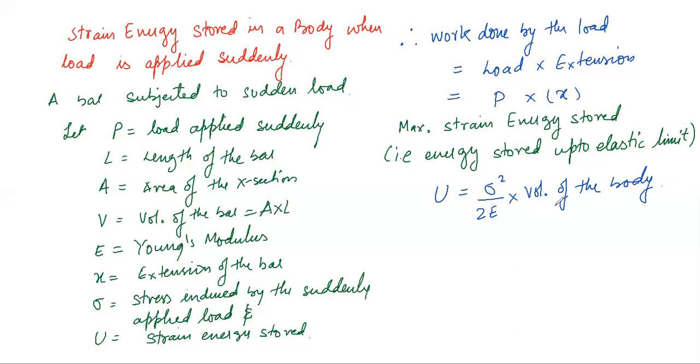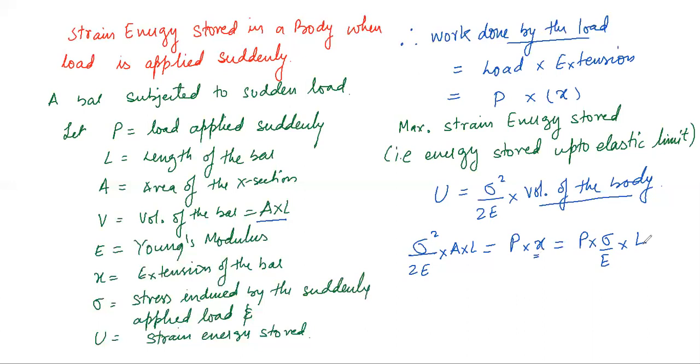We get, this is the volume of the body, and we have already discussed the volume of the body is defined as A cross L. So these equations can be written as sigma square by 2E into volume, that is A cross L, and this is also equal to the work done by the load, that is P cross X. Now load into extension can also be written as P into extension, that is defined as sigma by E into L, right?